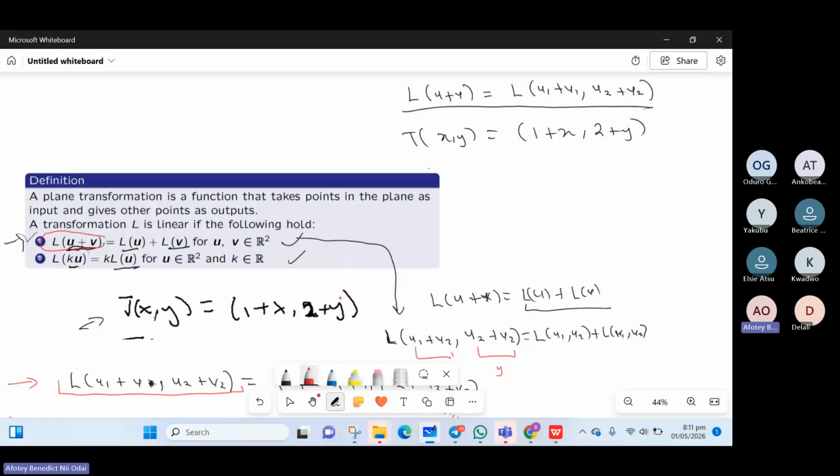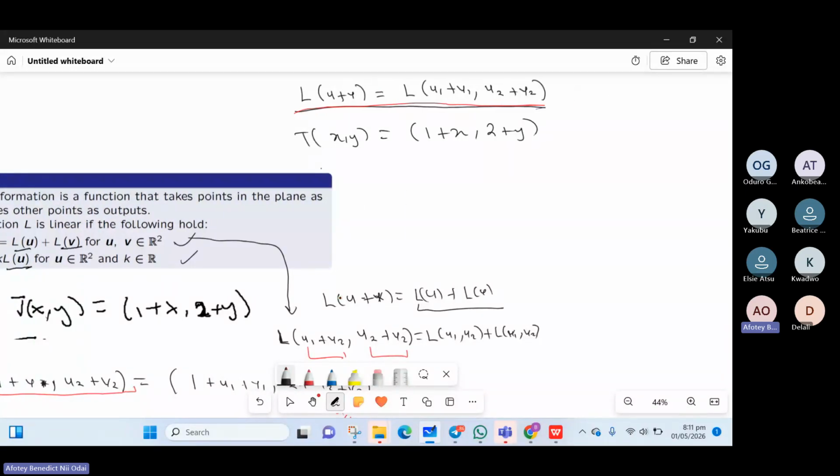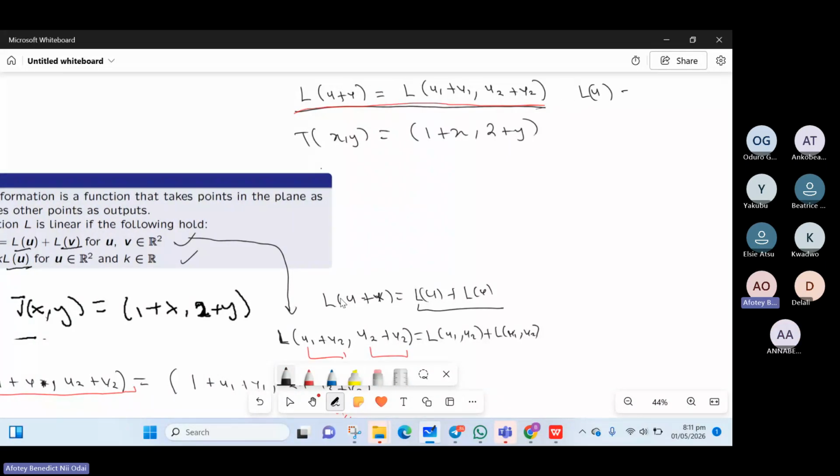Yeah, so this is the way that you actually write this. Okay, so the same way, LU is basically L(U1, comma U2). LV is also equal to L(V1, comma V2).